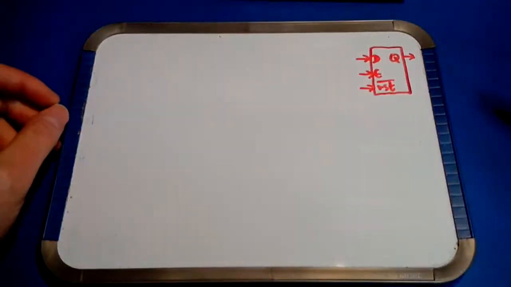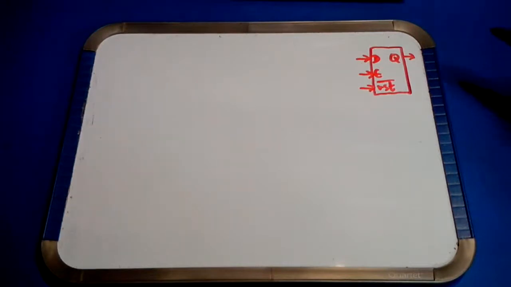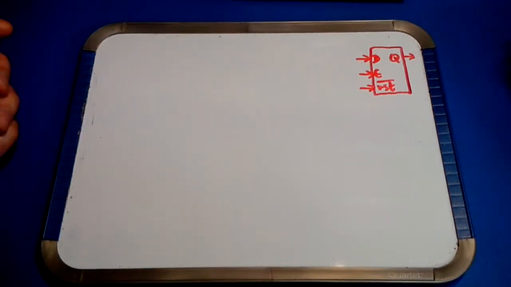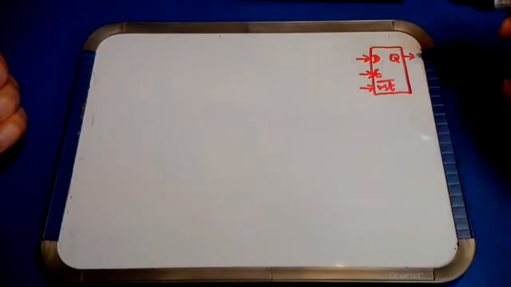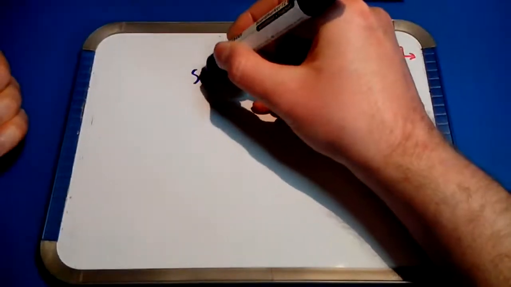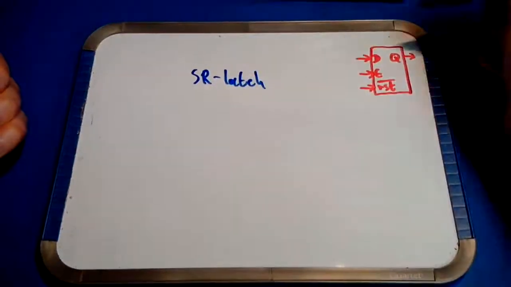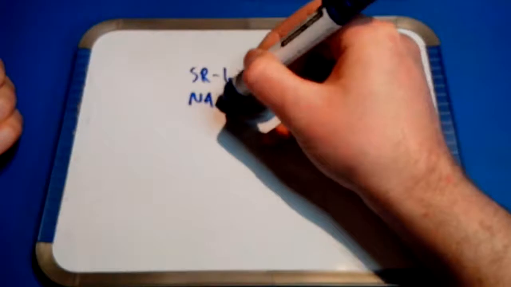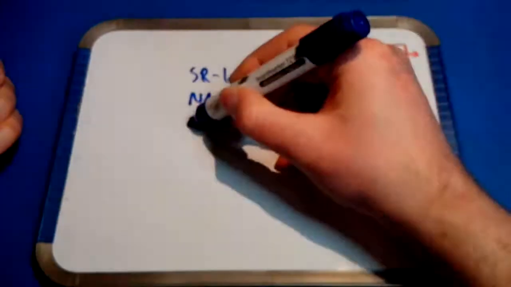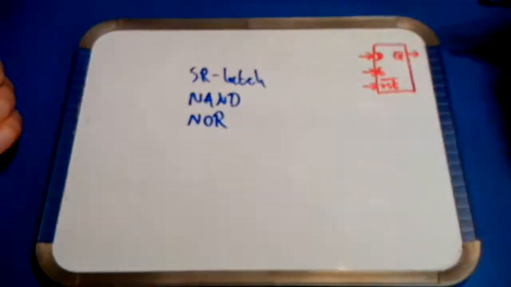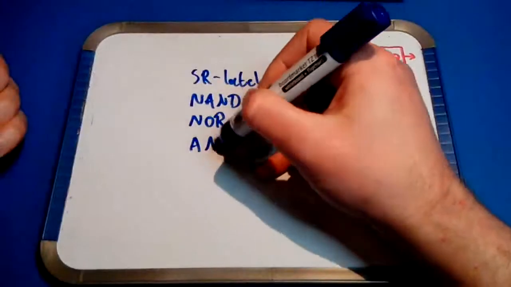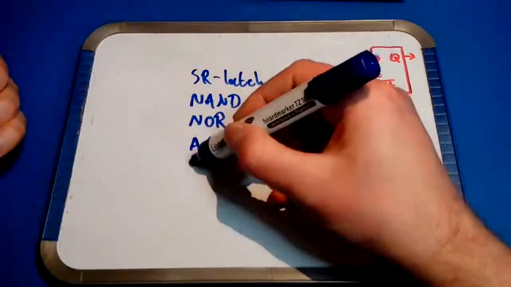Now in a previous video we saw how simpler blocks and simpler logic gates could be built up out of transistors and out of simpler logic gates. In a previous video we saw the set reset latch, we saw the NAND gate, the NOR gate, the AND gate, and an inverter.